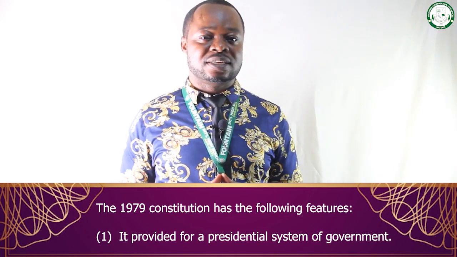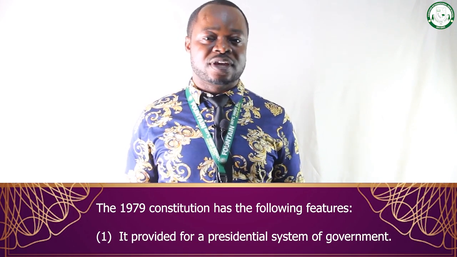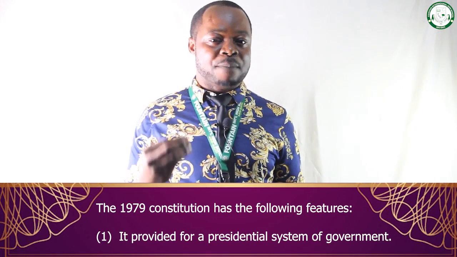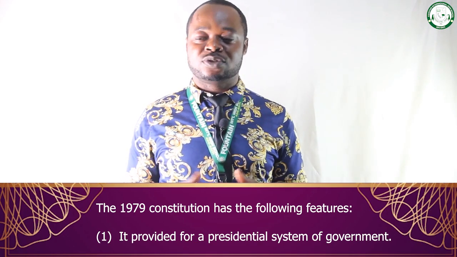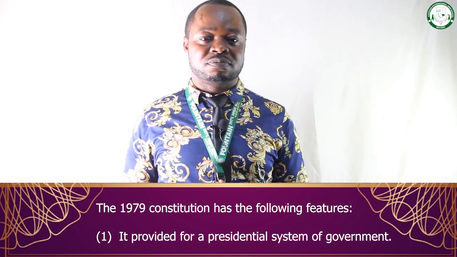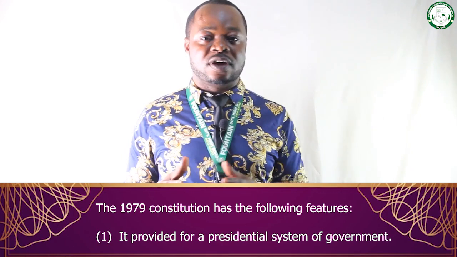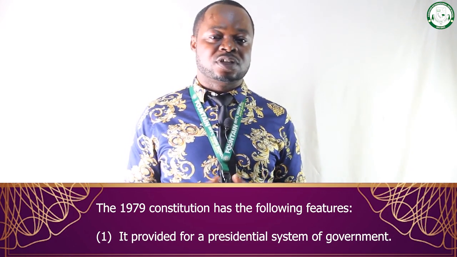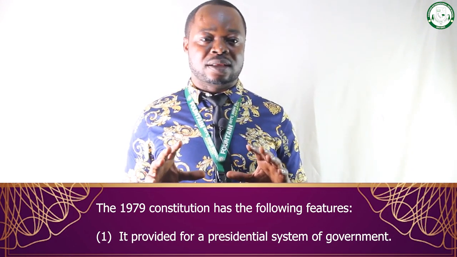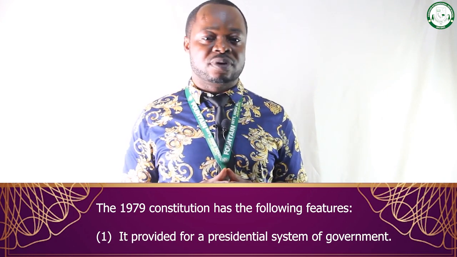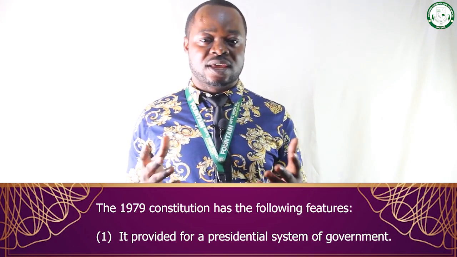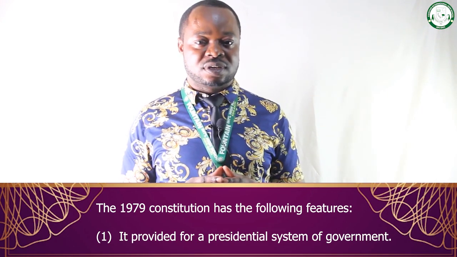So under the 1979 Constitution, the president must appoint a person who will run alongside him, either at the state level or the federal level, and contest under the same umbrella during the general election.